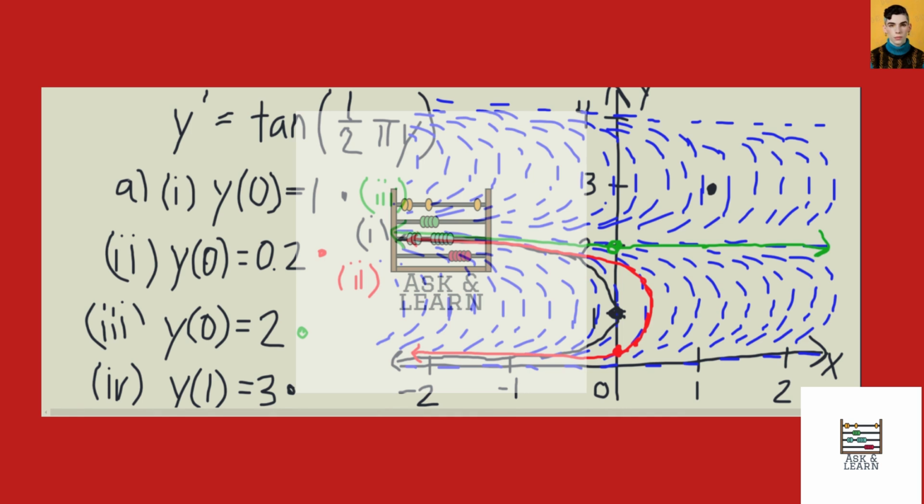And following the slope field, we again have a sort of horseshoe-shaped graph, which has asymptotes this time at y equals 2 and y equals 4. And you can see that this is something like a translation of the graphs from parts 1 and 2, but further up the y-axis, and also further to the right.